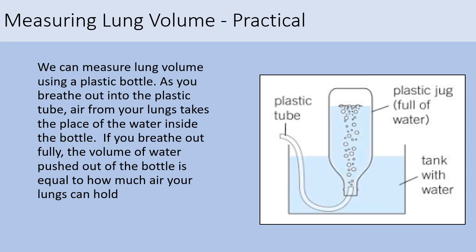Okay, once that full exhalation has occurred, you can then pop your finger over the bottom of the bottle to stop it from releasing, and you could take it out, sit it up, and measure the amount of air that it has caught or the amount of water that has come out of the bottle, and that is equal to how much air your lungs can hold.